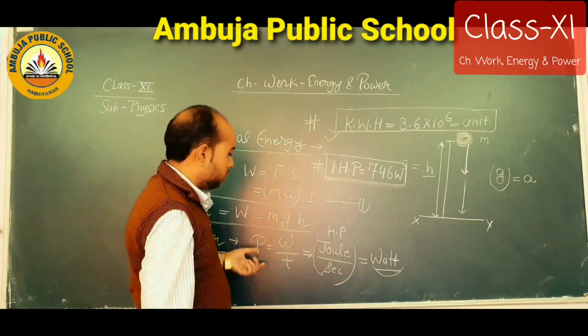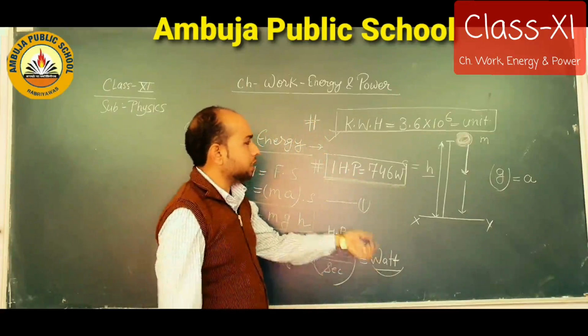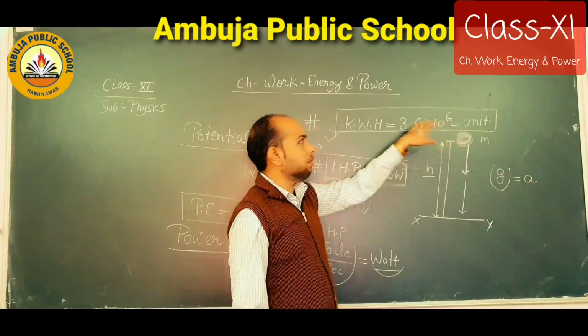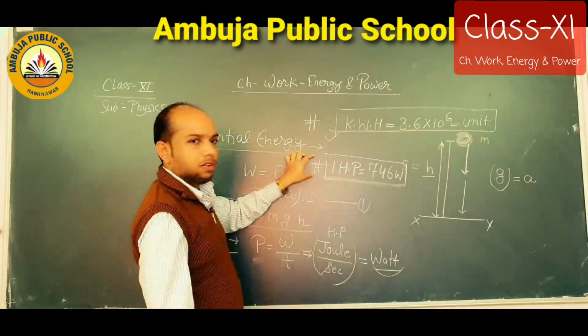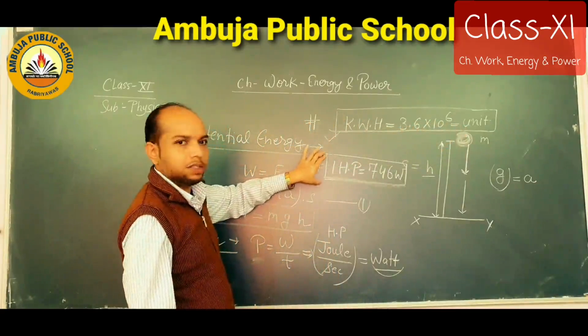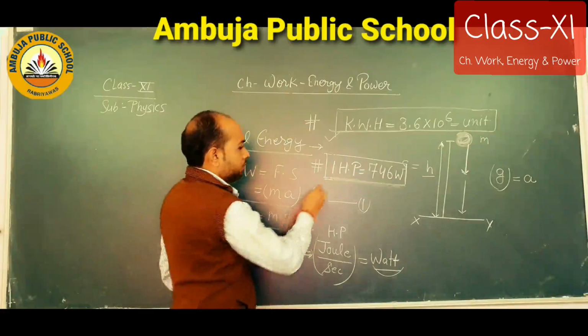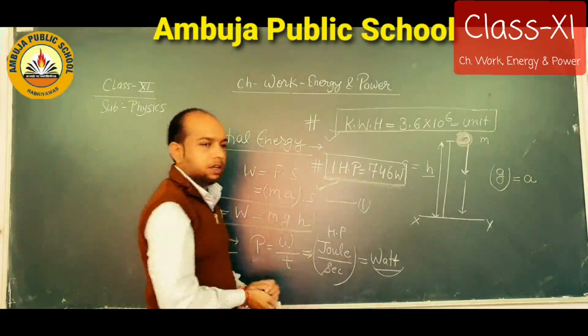So we have 3 units of power: watt for electricity, similarly kilowatt hour, which is said to be the commercial unit, and third, for appliances like motor, refrigerator, this is horsepower. So this is one of the biggest units in power.